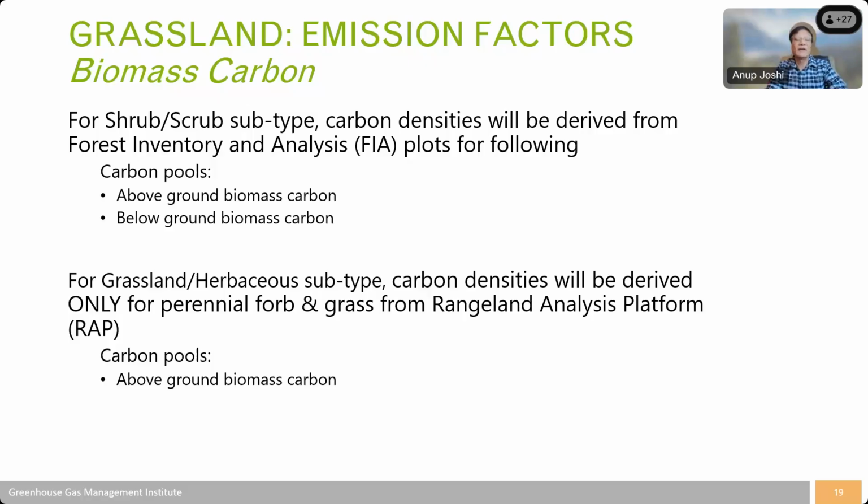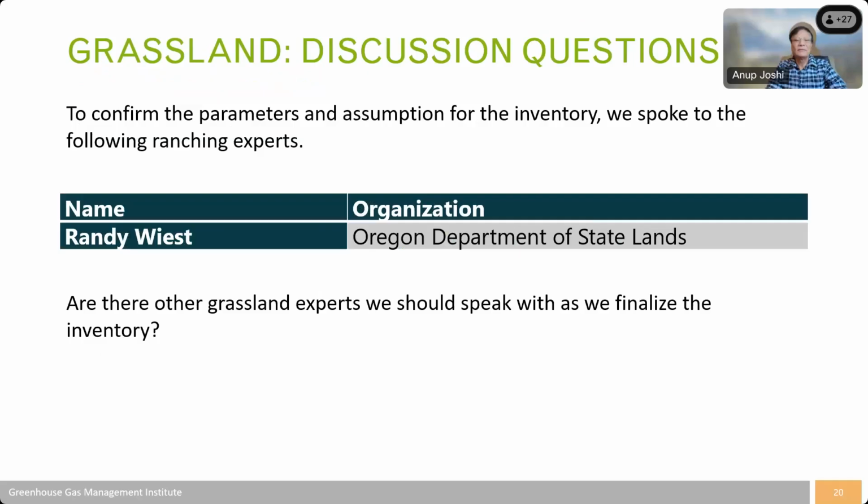And for the grass herbaceous subtype, carbon densities will be derived only for the perennial forbs and grass from the Rangeland Analysis Platform. So above ground biomass. And as I mentioned earlier, for the grassland herbaceous, we only track the perennial forbs and grassland. Next slide. I think it goes to Robert now.